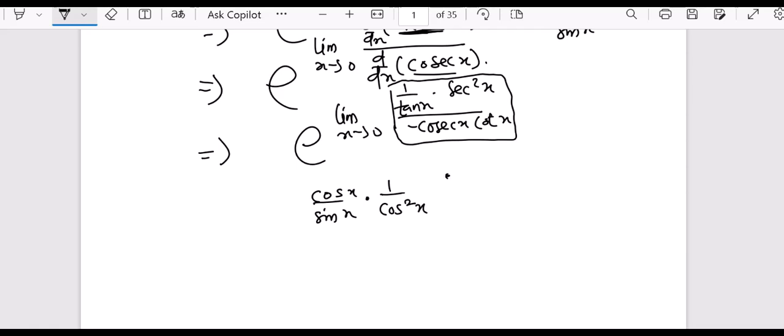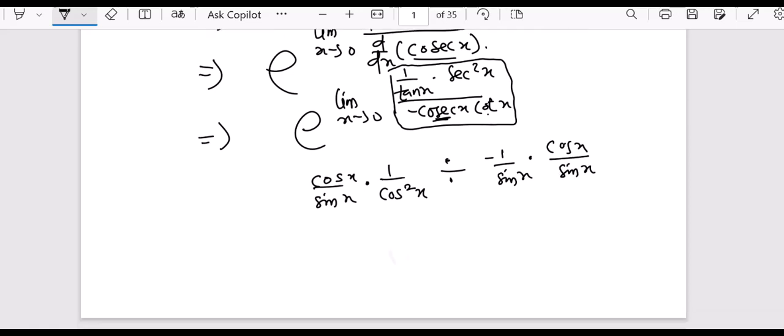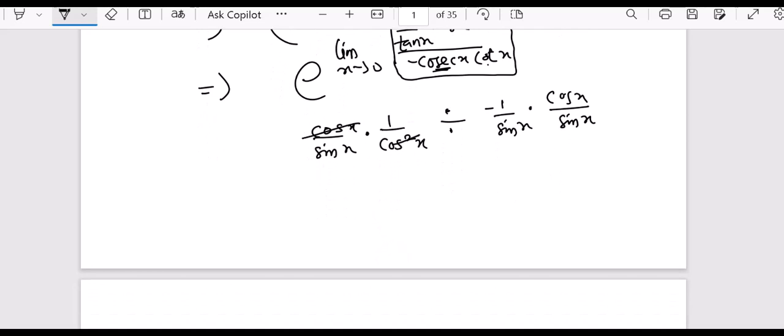Now this one divided by cosec here, which is negative 1 over sine x, and cot x here is cos x over sine x, like this. And so this one will cancel one of this.